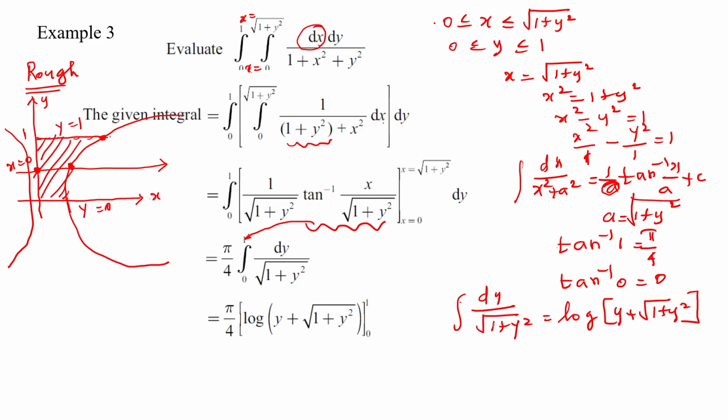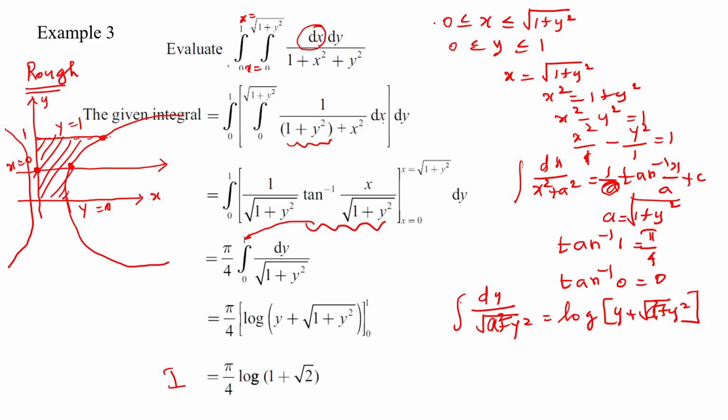In general, integral of dy divided by root of a square plus y square is log y plus root of a square plus y square, right? That is log y plus root of 1 plus y square. Substituting 0 to 1, what you get? Pi by 4 log 1 plus root 2. This is the solution of the problem.